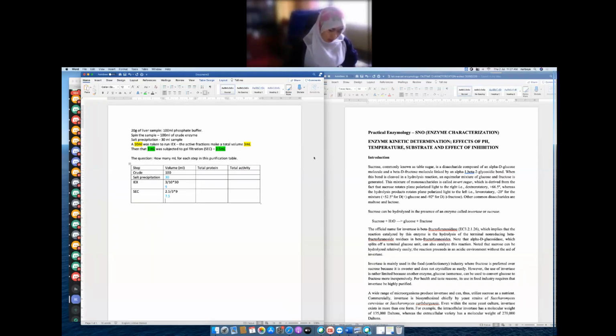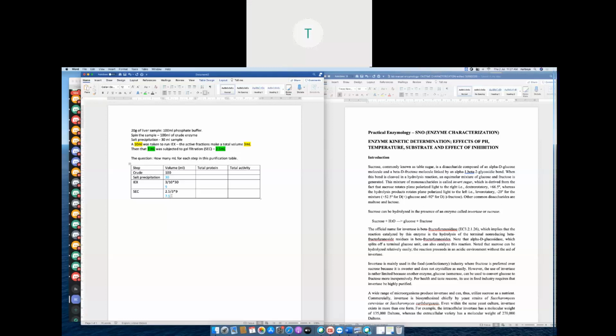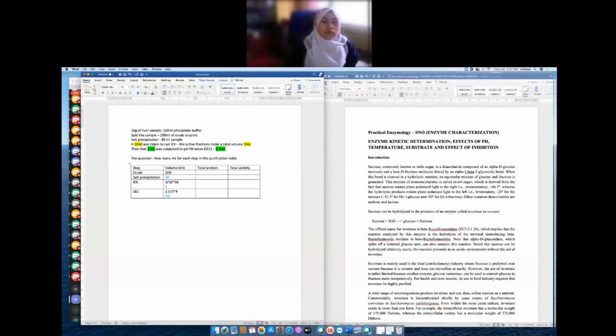Okay, so now you got the answer. In reality, in your hand now, you have only 2.5 mil in the final step. But the purification table needs to be calculated based on the 7.5 mil, because you started with the crude enzyme at 100 mil.